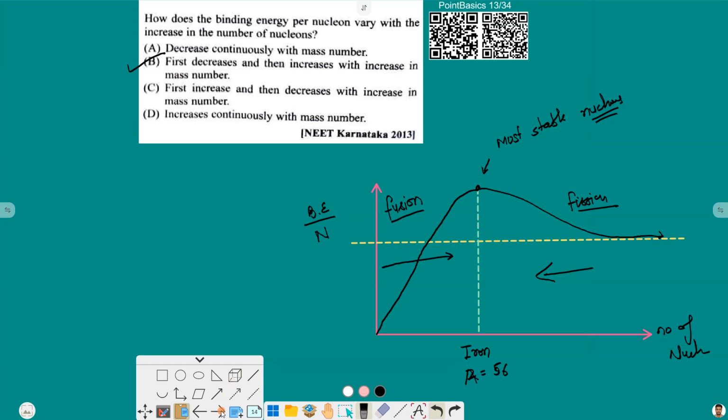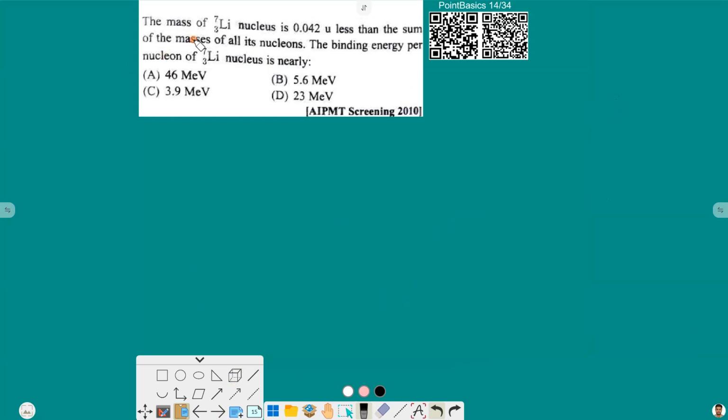Now with this, let's move ahead. The mass of lithium nucleus is less than the sum of masses of its nucleons. The binding energy of the nucleus is nearly. So we have been given the mass difference here. From this mass difference, we can calculate the energy: delta E will be equal to delta M times c square, that will be equal to 0.042, and it is in AMU.